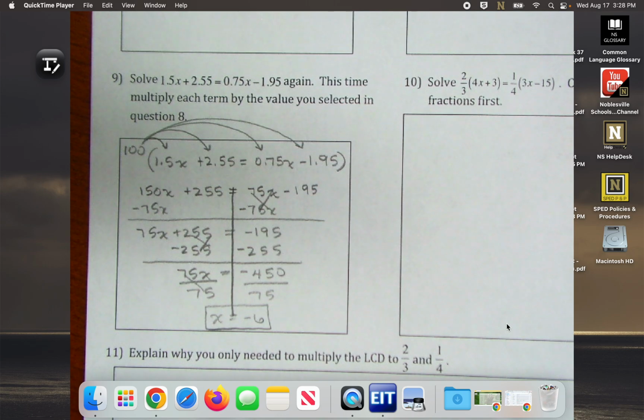Plus 255 equals negative 195. Then I subtract 255 to get negative 450, and then I divide by 75. So we both have 2 different answers, but solved it correctly.